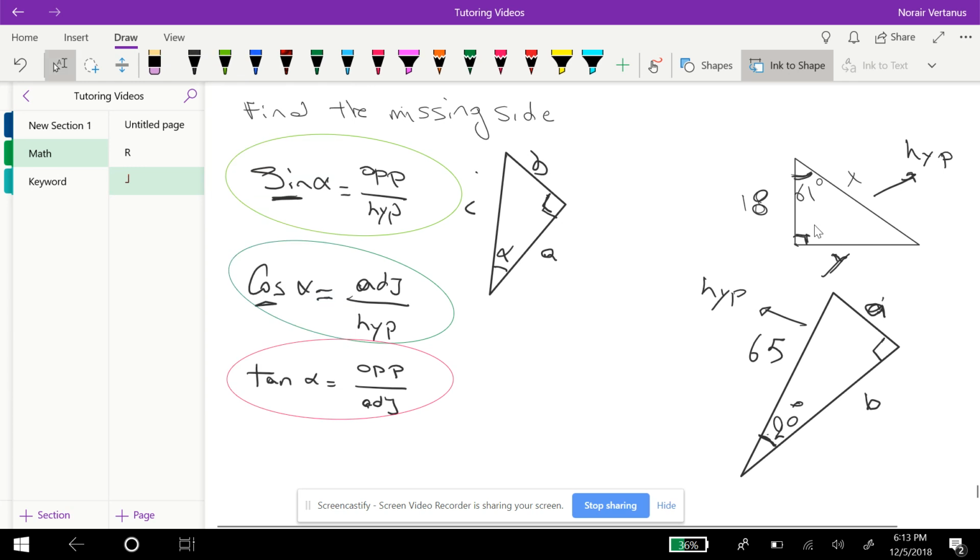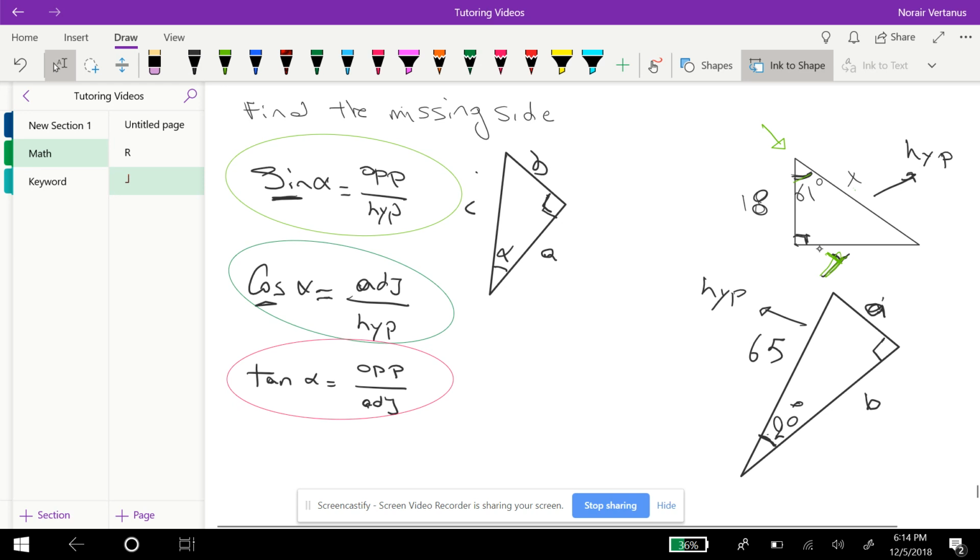So now we're going to use this to find the unknowns for this triangle. We have this angle, 61 degrees. I don't want to pick random formulas. I want to find y, this variable. I want to know how much y is. In this case, I don't have x, I just have 18.